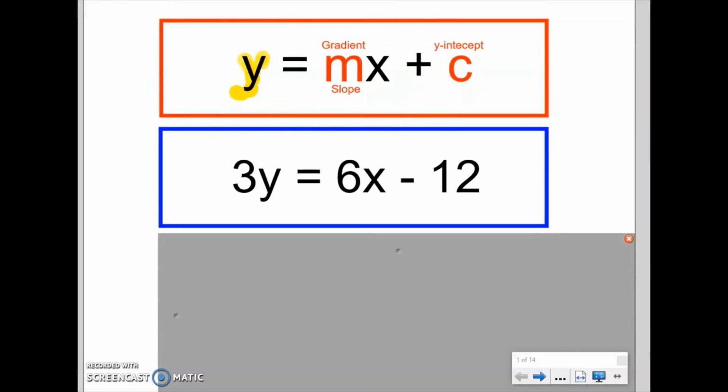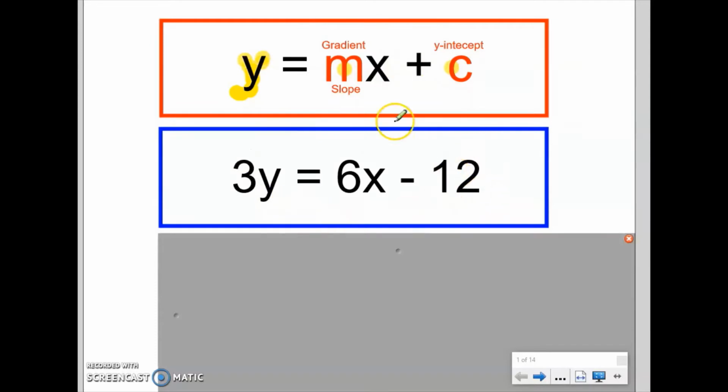So when we're given a question and we're not already dealing with one y equals, then we may need to manipulate some algebra, rearrange things slightly so it is in this order. Once it's in this order, then we can go ahead and state the gradient and the y-intercept.